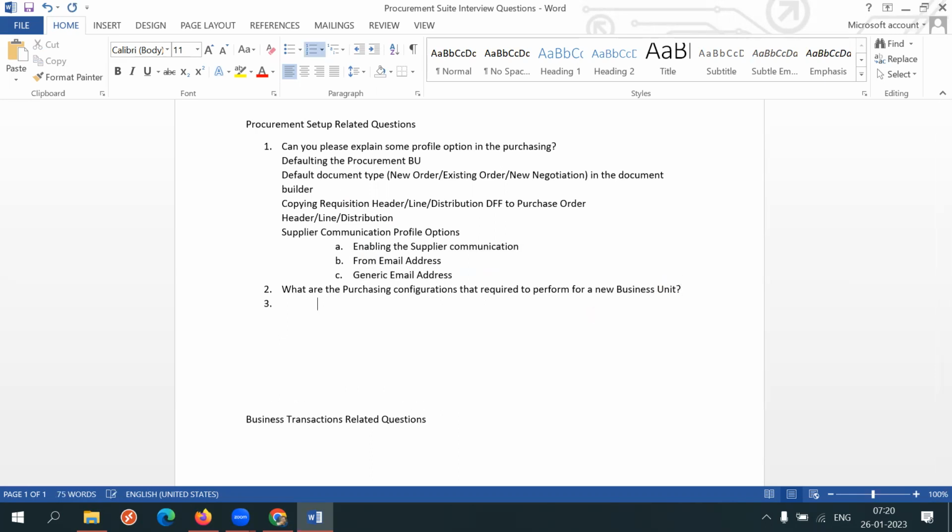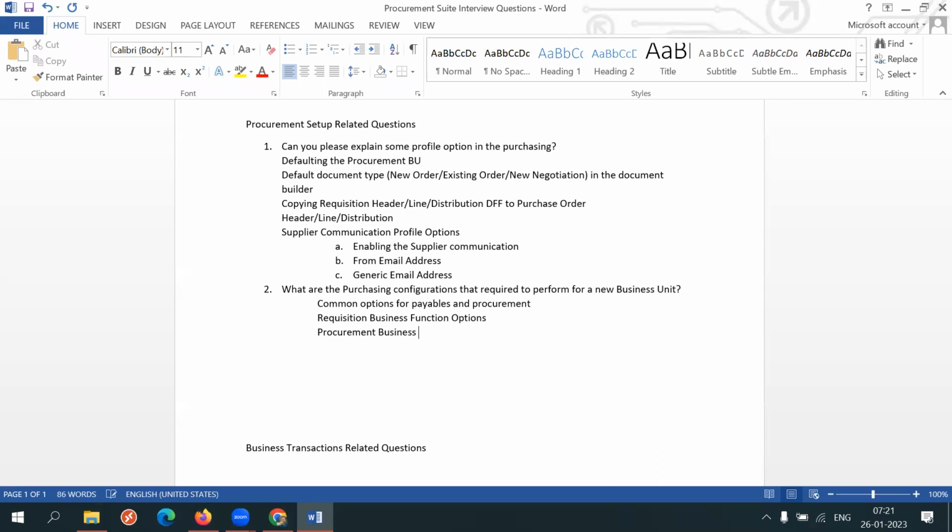Okay. Go ahead. Common options for payables and procurement. Configure procurement business function, requisition business function, procurement business function options.